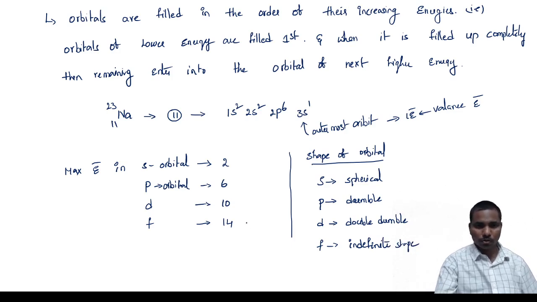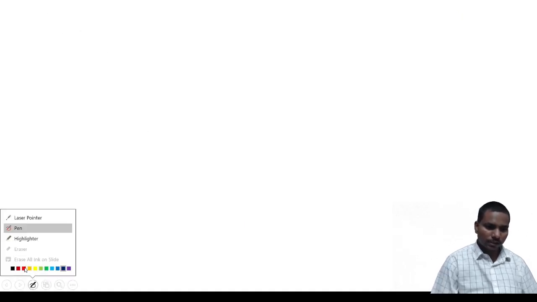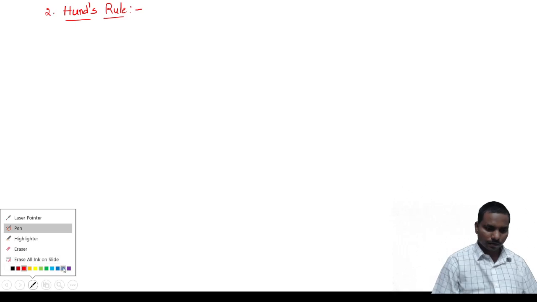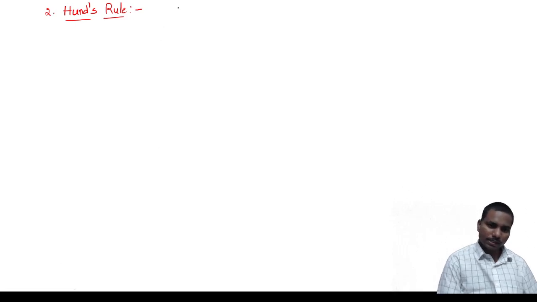Now the second rule. This is the first rule. The second rule is Hund's rule. This is the half occupied condition, or you can say a singly occupied condition.